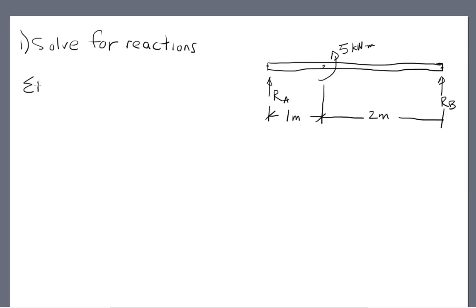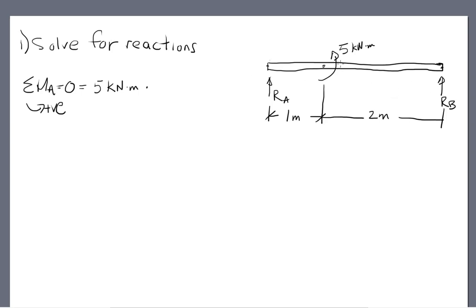Let's do this here. Sigma M_A equals 0. And this is your positive direction. So you can see we have a 5 kilonewton meter applied load, and the other force applying a moment is the R_B.